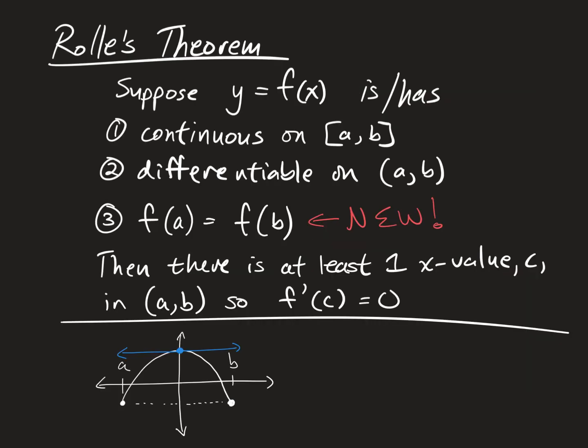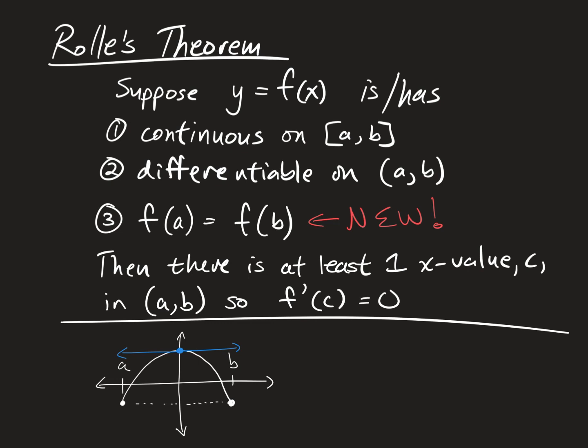So what is Rolle's theorem then? Rolle's theorem is just a very specific case of the mean value theorem, and you'll see that it looks very, very similar to the mean value theorem as we go through the actual theorem. It starts out the same way. Suppose you have a function y equaling f of x, and that function is continuous on the closed interval [a, b], differentiable on the open interval (a, b).